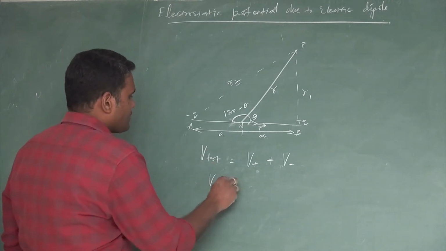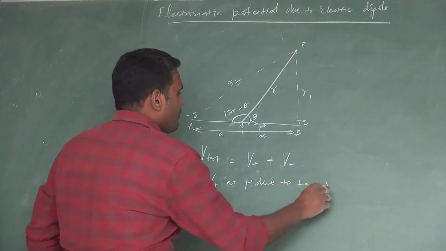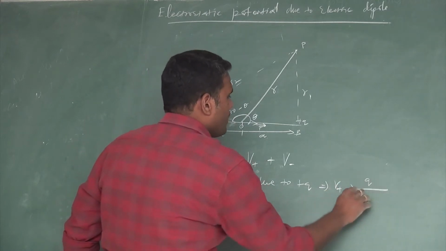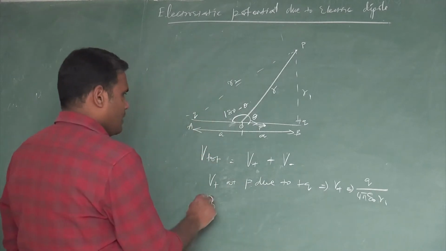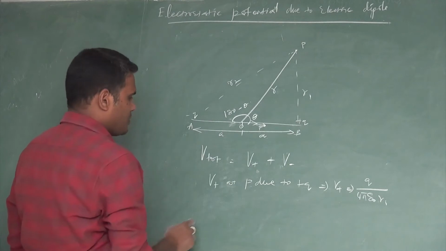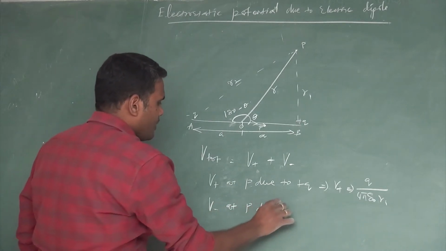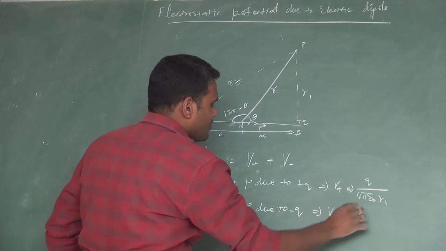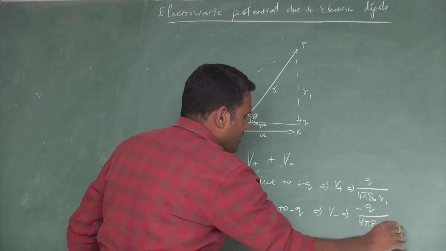Potential at P due to charge plus Q is V plus equals Q divided by 4 pi epsilon naught r1, because r1 is the distance of the point P from the charge plus Q. Potential at P due to the charge minus Q is V minus equals minus Q divided by 4 pi epsilon naught r2.